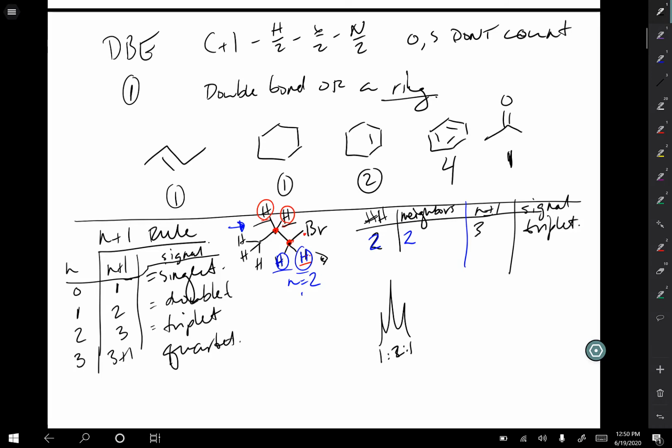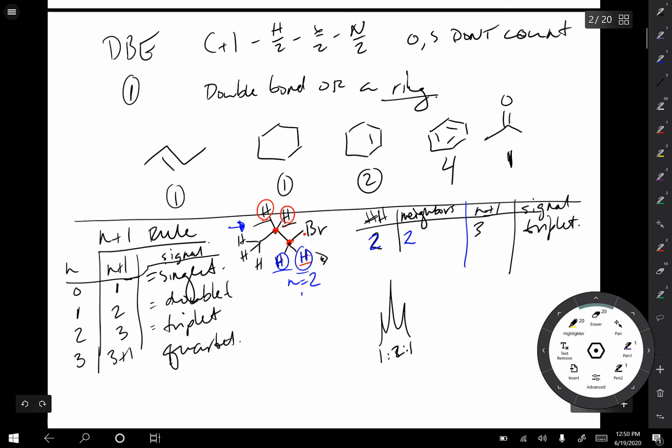So this is super important because not only do we know we have 3 different signals, we know one of them is a triplet. This is what we're going to be using on the example that we have. I could go through here and walk through the rest of it, but I'm not going to. I just wanted to highlight this n+1 rule. Again, the 2 hydrogens you're looking at, these red ones, are equivalent. So they split the blue hydrogens the same.